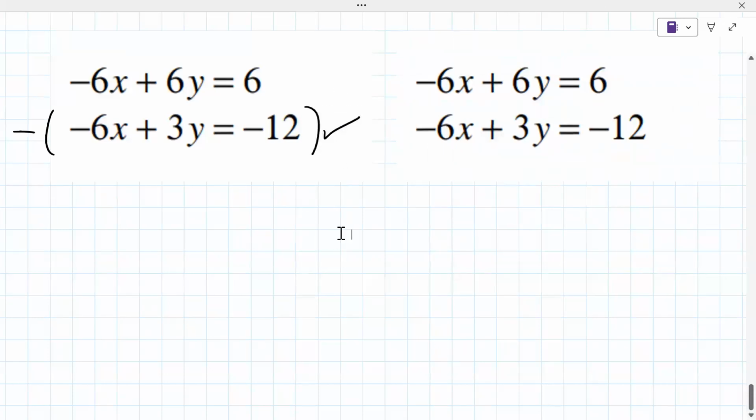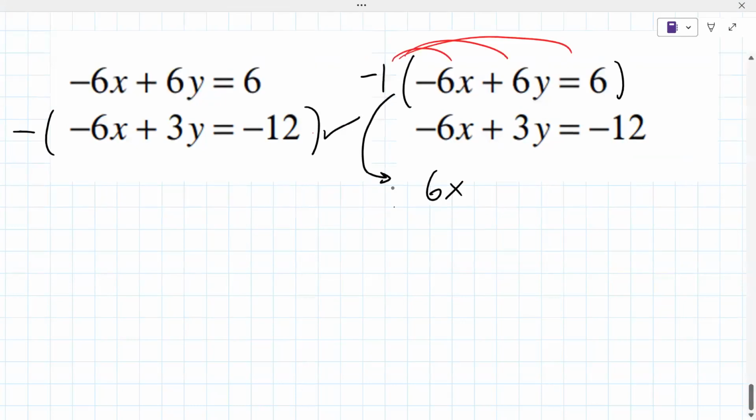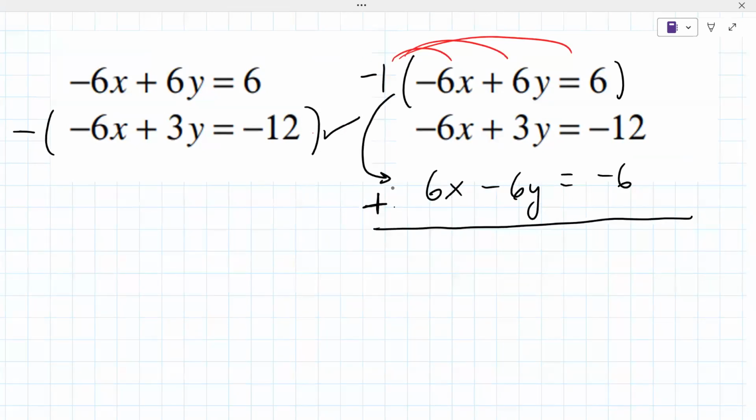I tend to multiply the first equation by -1 just because I don't want to rewrite them again. When you multiply by -1, you're just changing the sign of everything. Change, change, change. So this becomes 6x minus 6y equals -6. Could you add these for me and tell me what the result is when you add them up?